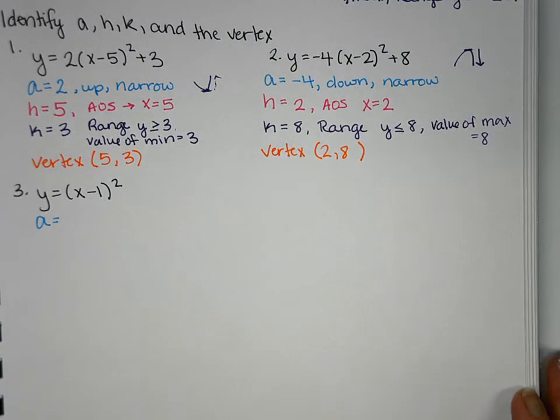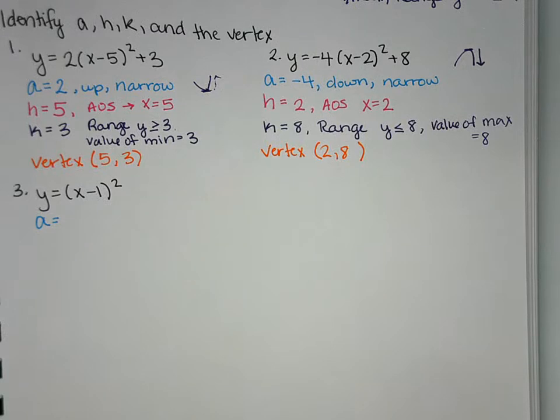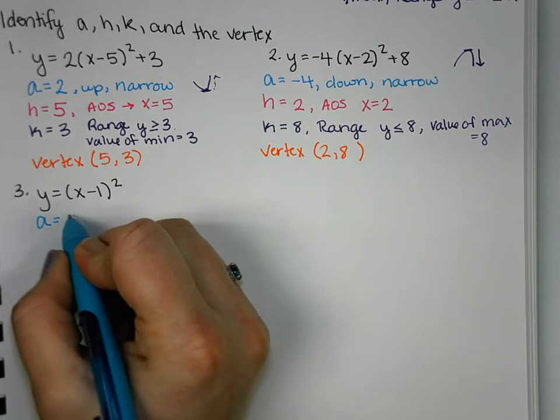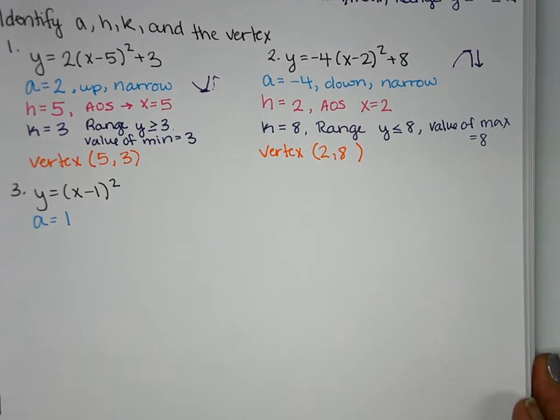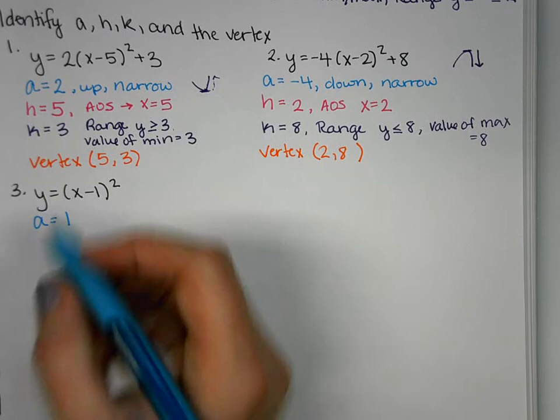So on number 3, what does A equal? Reagan? 1. Also, what if it's like x plus 1, not minus 1? There's one like that we're going to do. That's number 4. Okay, so A is 1.